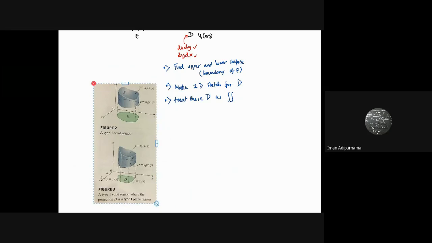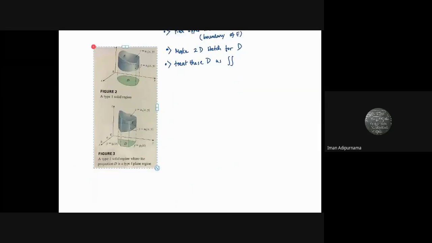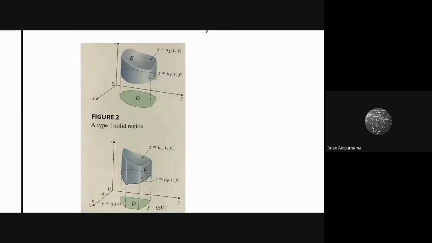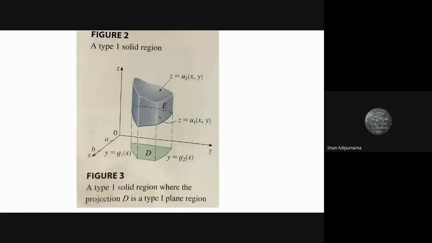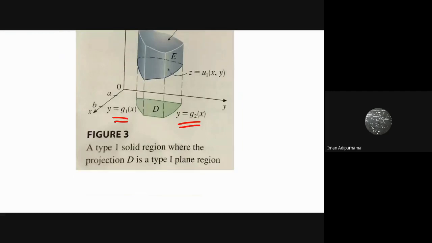If you see here, this is having the y here. So this will be a type 1 plane region.